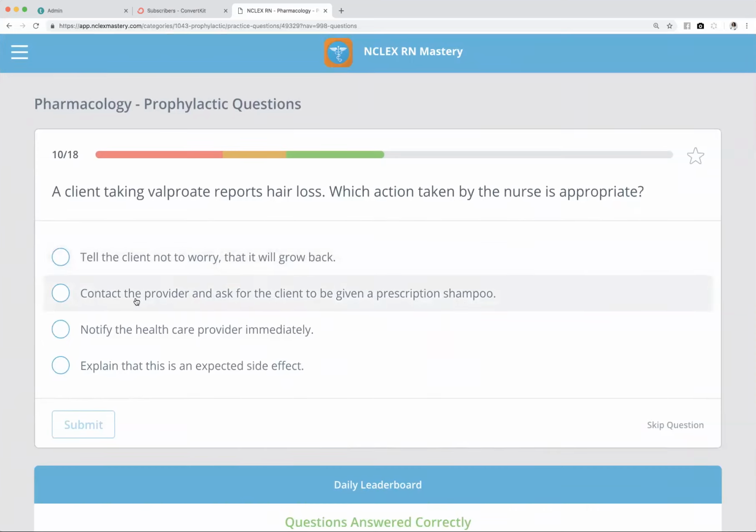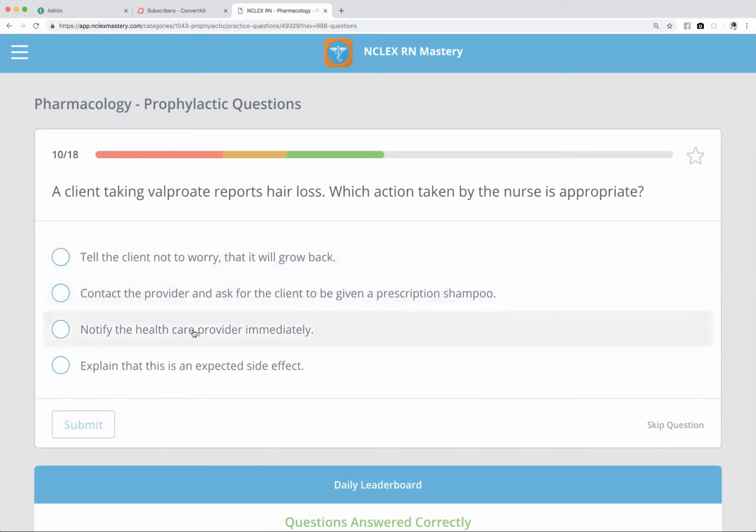The second one says contact the provider and ask for the client to be given a prescription shampoo. Okay, seems reasonable. Notify the healthcare provider immediately. Okay, so here we have two things that are saying the same thing, right? If you have two things that are saying the same thing, 9 times out of 10, it is not going to be either of them.